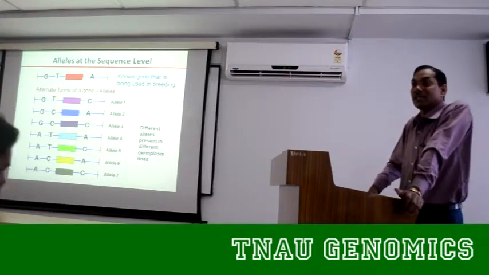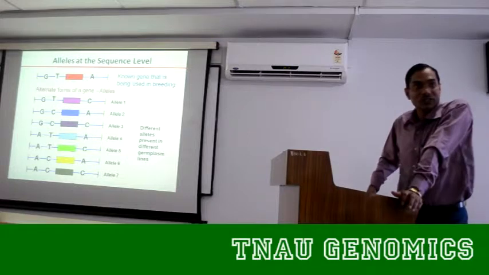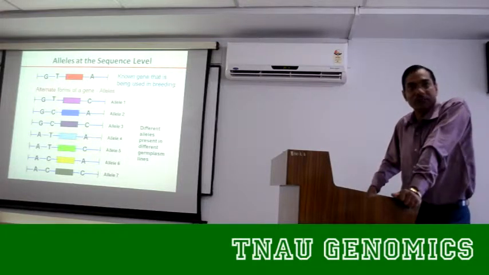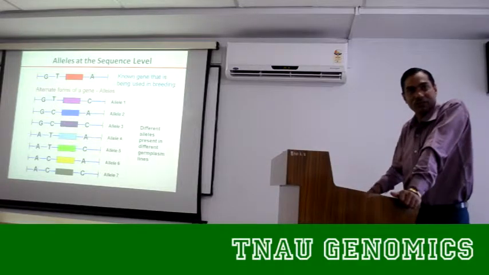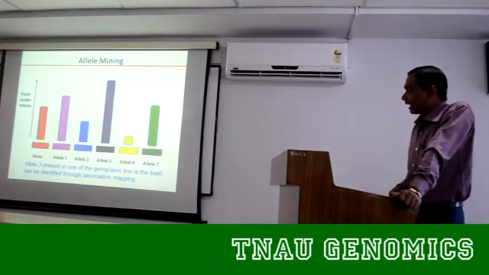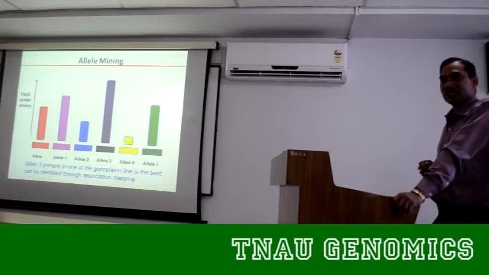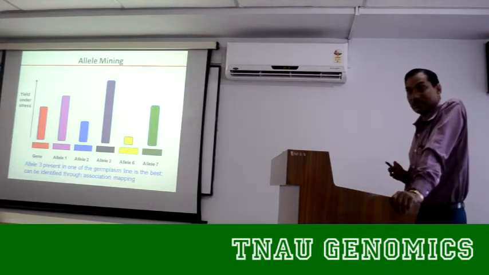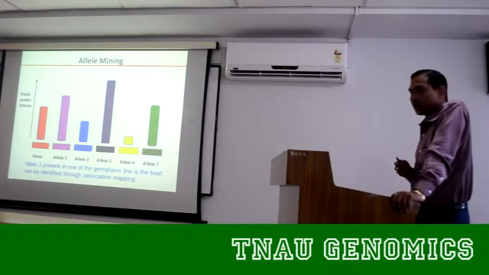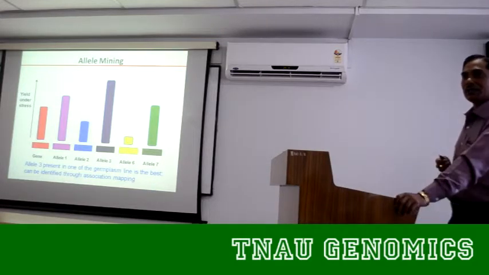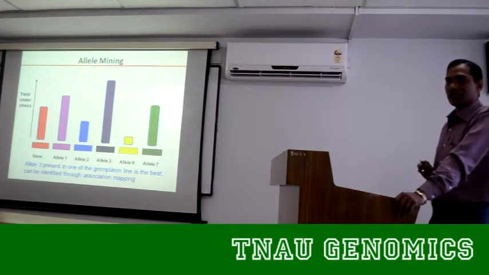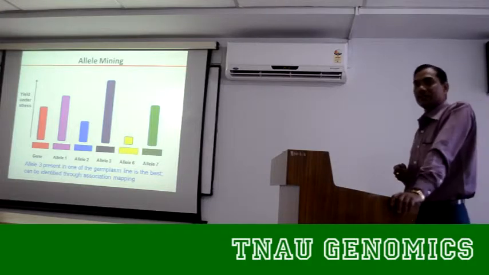In the process, you can identify novel alleles, not just a sequence alteration, but also a phenotypic alteration because of sequence alteration. So you can identify and determine both. And this is one such example. In fact, we have done this, and we are doing this in rice and also maize and sorghum, where the sequences are available. You can design primers, identify the sequence variation, construct the haplotype structure, and then associate them with the trait phenotype.